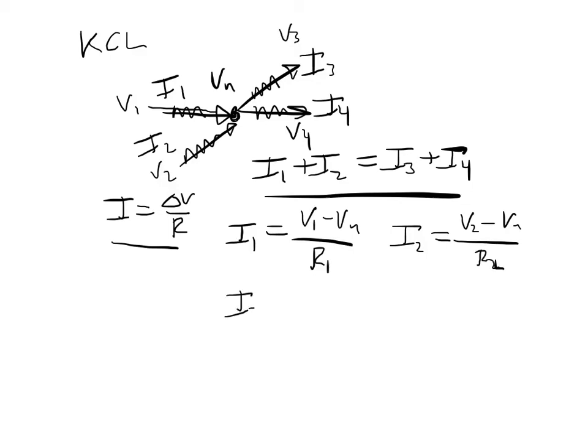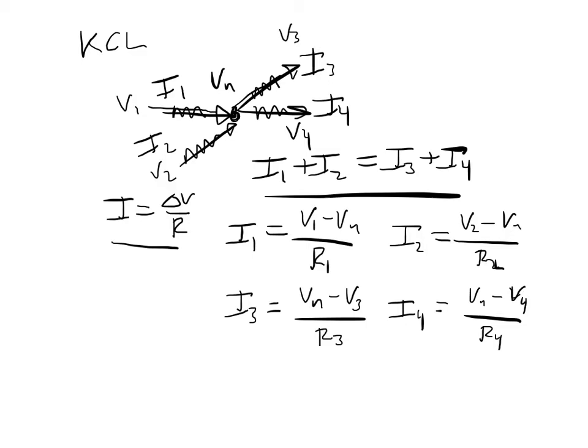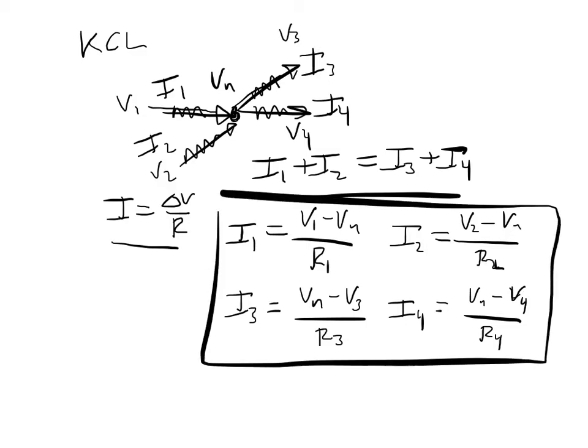And I3, because now current is going out of the node, Vn must be greater than V3, so we have Vn minus V3 over R3. And similarly with I4, Vn minus V4 over R4.